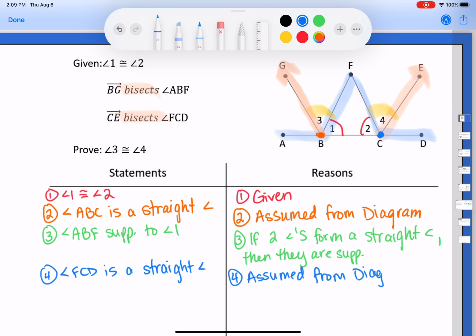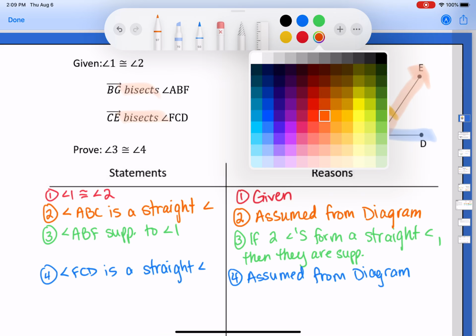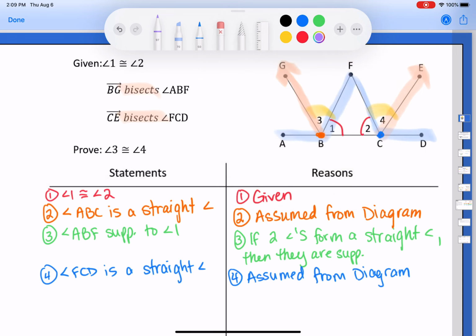Sometimes when you see it written out like this, it's a little easier for you to understand what's going on. So I wrote it up, but you could write same as 2. All right, so now I've got another straight angle over there with my vertex at C. So then step 5, angle FCD is supplementary to angle 2.